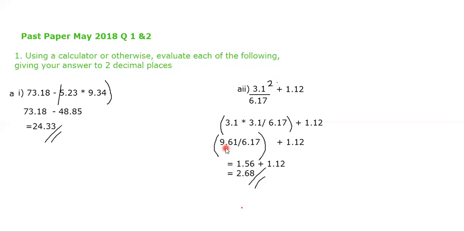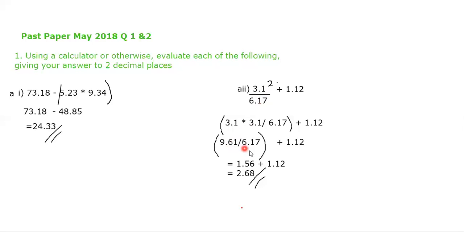So normally when I have those operations, I like to deal with them first, since they're more complicated. And imagine if I actually divided before I squared the number, that would be a lot more complicated. So I ensure that I square this number before I do the division. That is what I love to do, to make life easier. So when I square this number, I got 9.61.